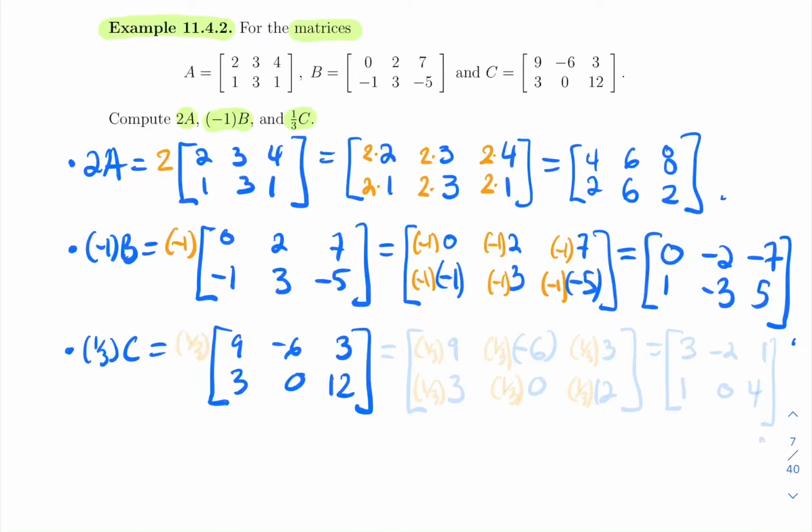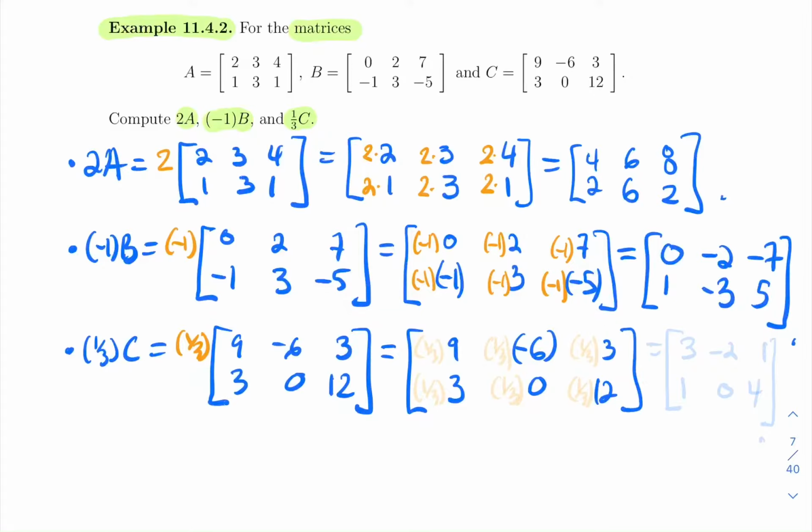And you're multiplying everything by 1/3. Another way to say this is that you're dividing every entry by 3. But it's completely equivalent. So here, let me just rewrite things quickly. So 9, 3, minus 6, 0, 3, and 12.